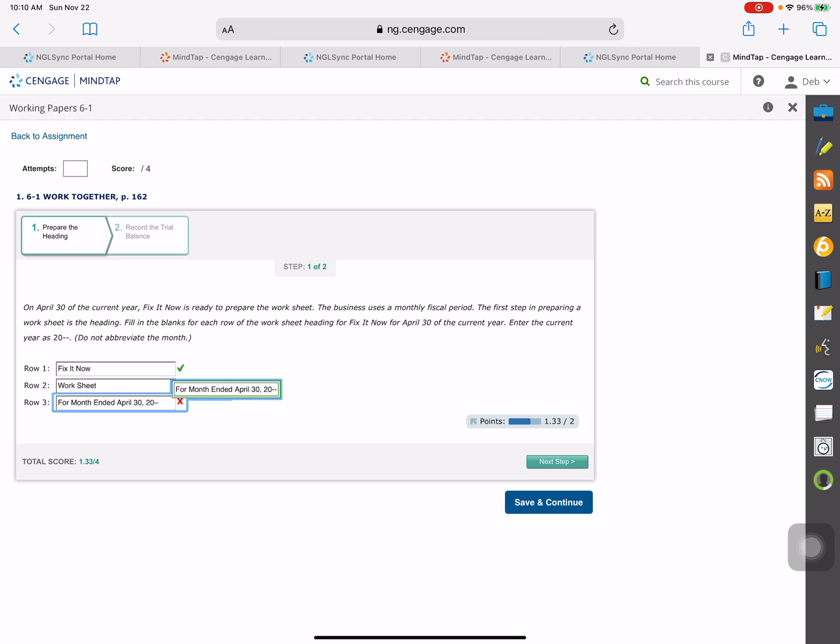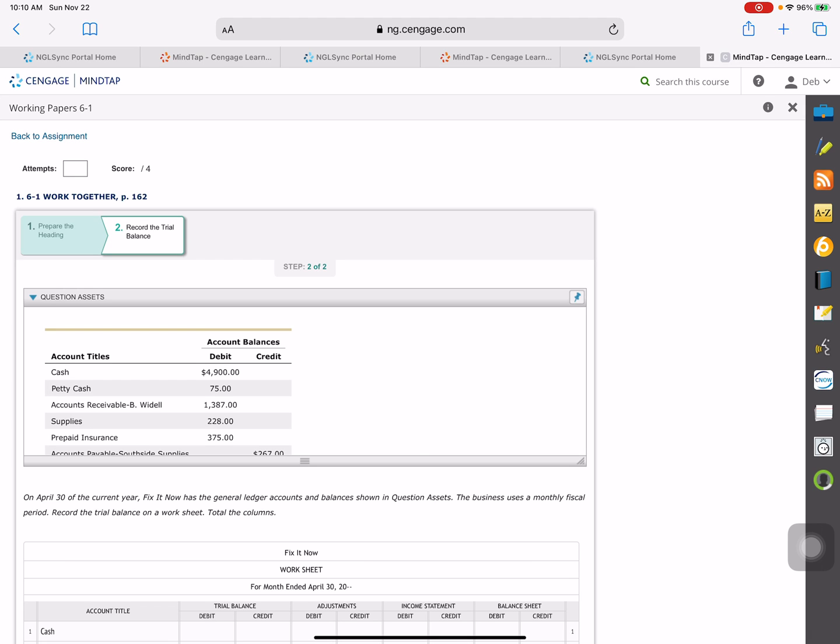Not sure why that was wrong, but it says for month April 30th dash dash. I think it's because my dashes turned into 2 solid lines. But anyway, we'll go on to the next step.